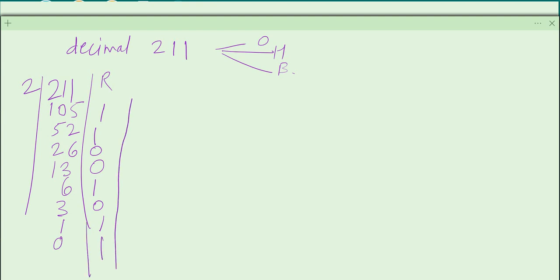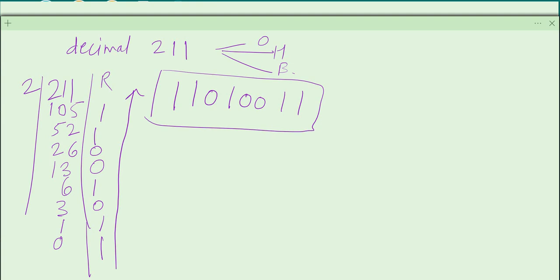These are all the remainders, taken in this direction. So the number comes out to be 11010011. This is the answer in binary form.